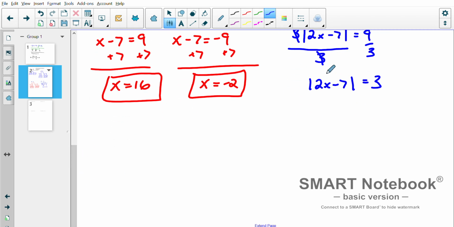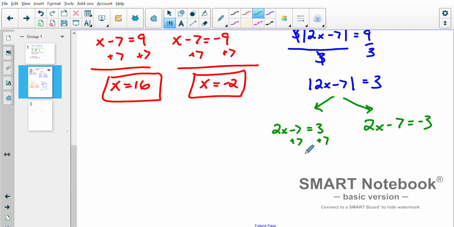So now that we've gotten rid of everything on the outside of the absolute value, here is where we can split this up to find the value going in both directions. So I'm going to have 2x minus 7 equals 3. And I'm also going to have 2x minus 7 equals negative 3. Now when we go ahead and solve our two-step equations here, you guys have been solving these since August. Add 7. 2x equals 10.